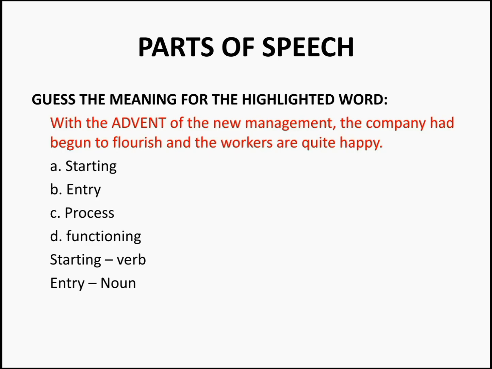I need a noun to be my answer, and fortunately option C, process, and option D, functioning, are also verbs. That cannot be my answer. So I am ruling out options A, C and D, and getting my answer to be option B. Hope you got it.